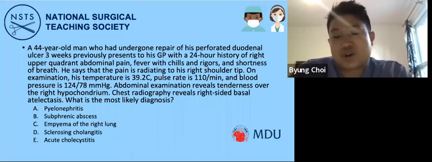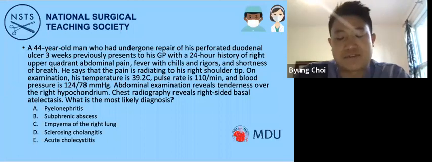So whenever a question comes up that states that somebody has had recent surgery, whatever the subspecialty of surgery it involves, you will need to think about possible complications, especially if it's in a few weeks in which they represent.